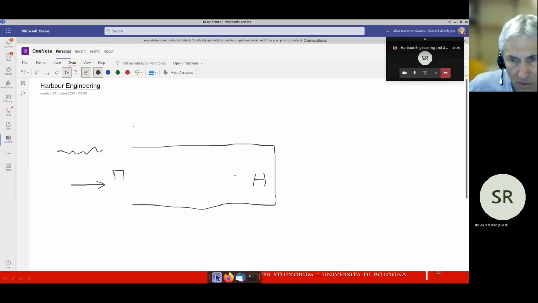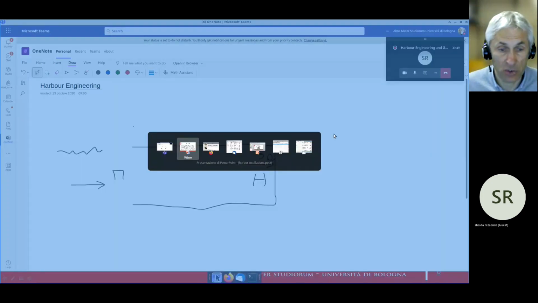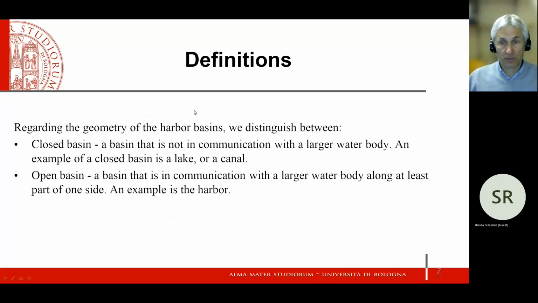So here we have the waves entering here, hitting the wall, and this angle here is 90 degrees. So it's perpendicular. This is a very simplified scheme.